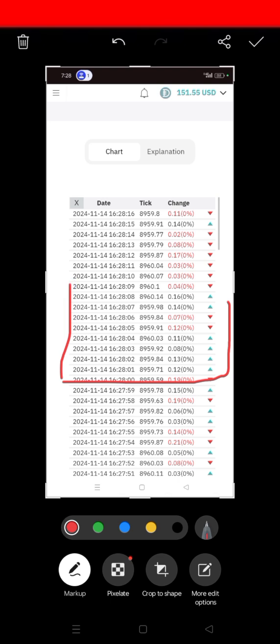You can see we have the date tick change, and we have the first arrow showing green. On the change, we have arrows showing green, green, green, green, and then a red. When I picked that trade, I entered through the red.